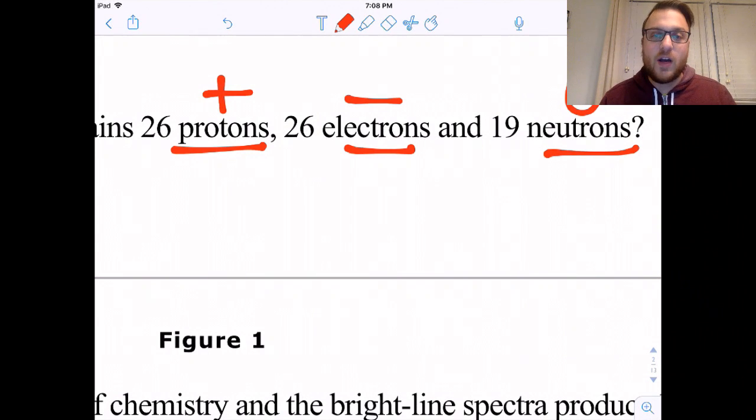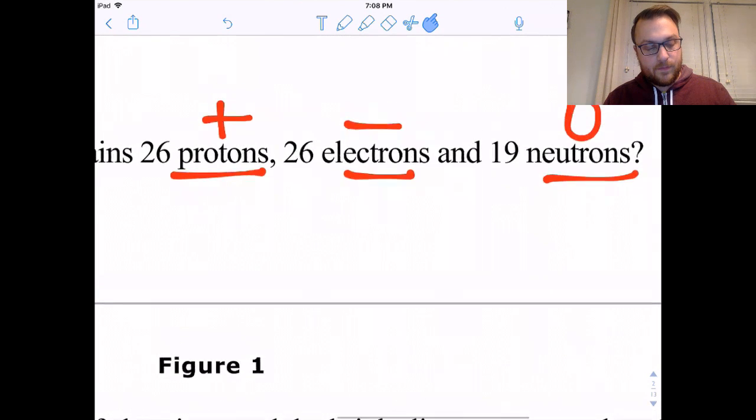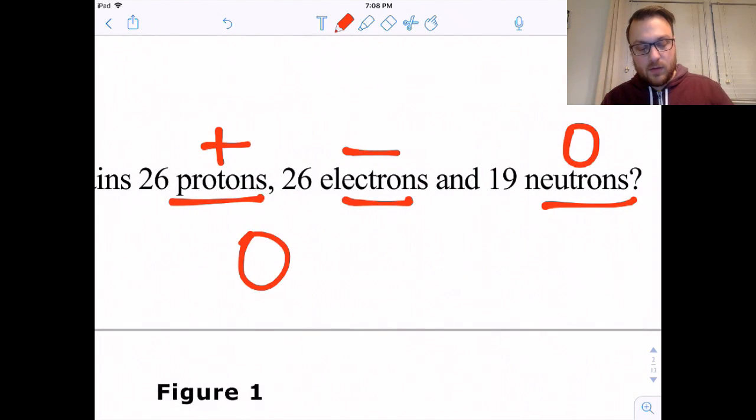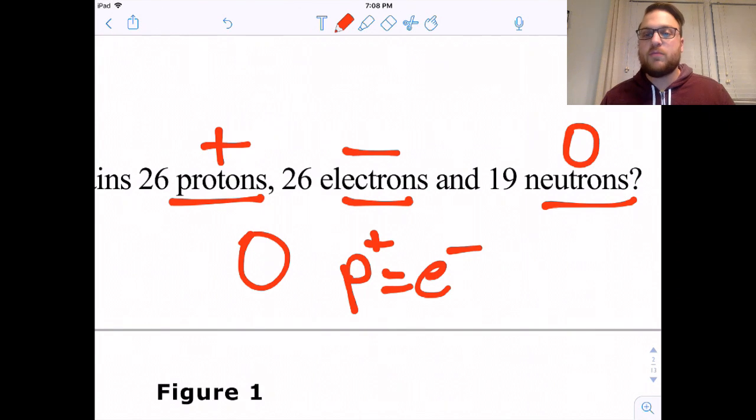And neutrons have no charge. So when you look at this, if it was asking you what the charge of this was, it would be 0 because your protons equal your electrons. So just keep that in mind.